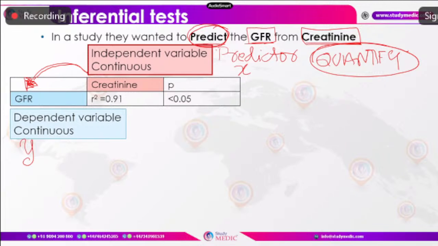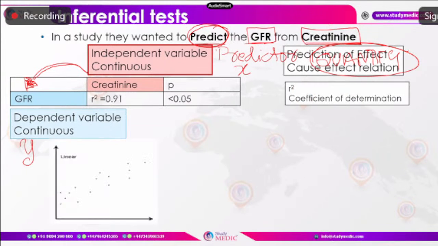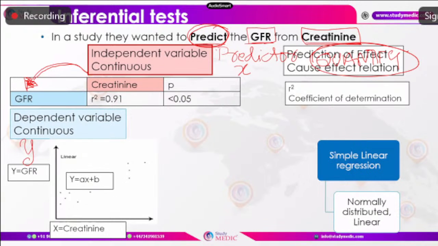Now here, what is the dependent variable? Dependent variable is continuous. Independent variable is also continuous. So in such a case, we do what is called the simple linear regression.